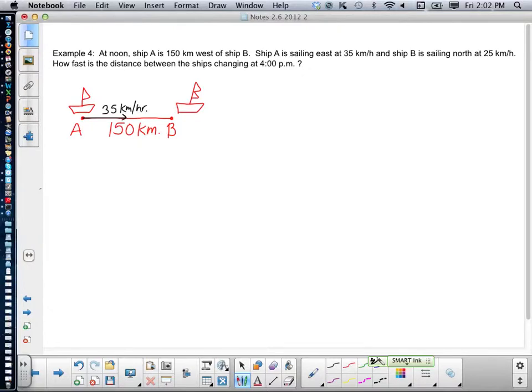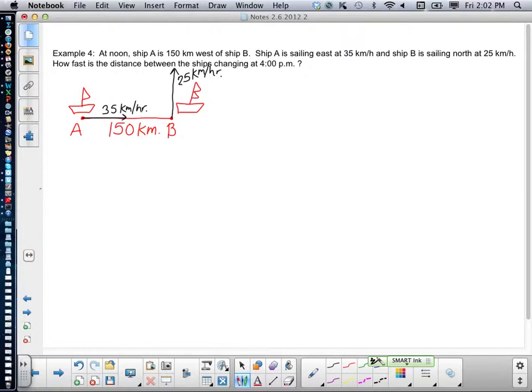And then ship B is sailing north at 25 kilometers per hour. All right. How fast is the distance between the ships changing at 4 o'clock?